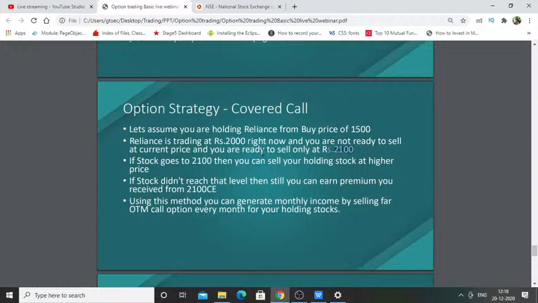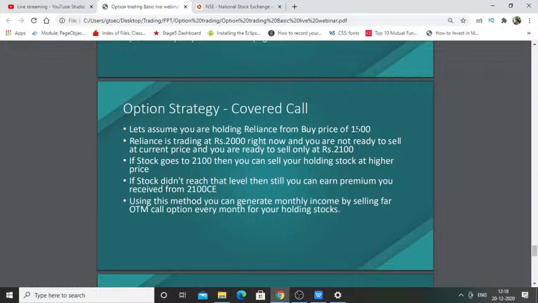In this case, you have to sell one higher-side call option. If the stock starts moving upside and reaches 2100, your call option will be at the money or in the money. Then your stock will get exited at the level of 2100, which is the level you decided to sell at.